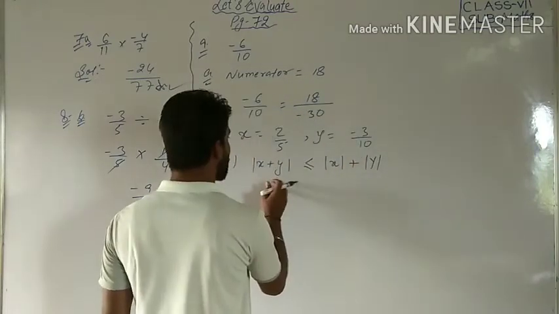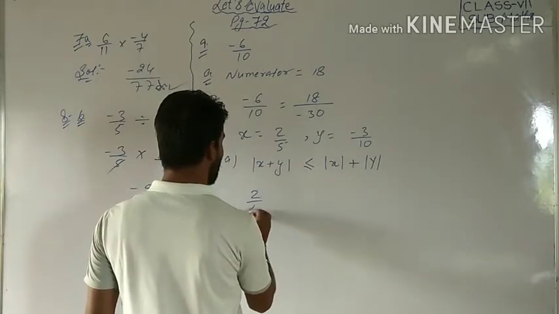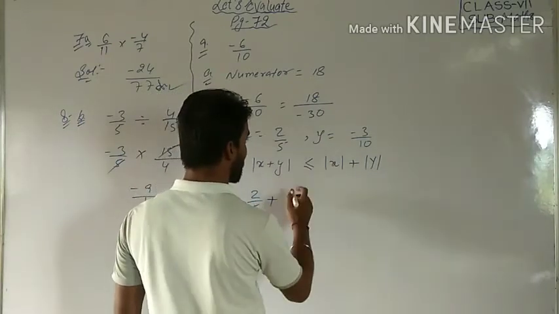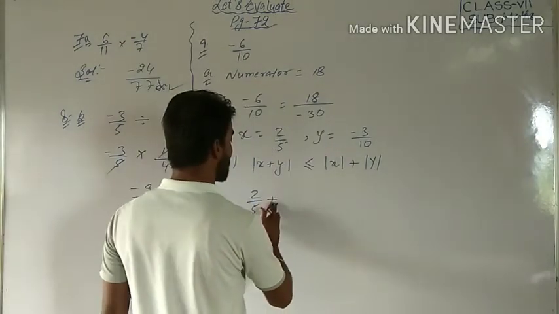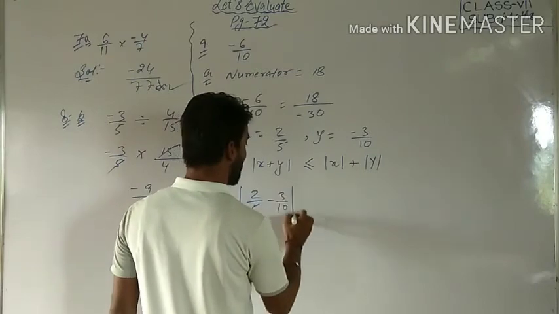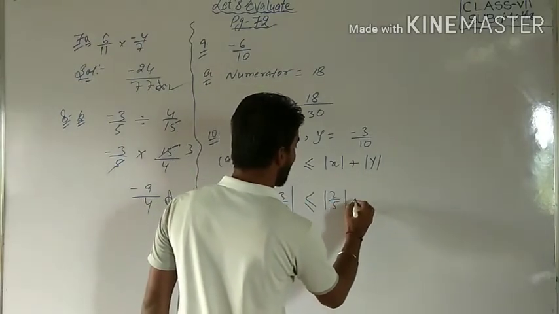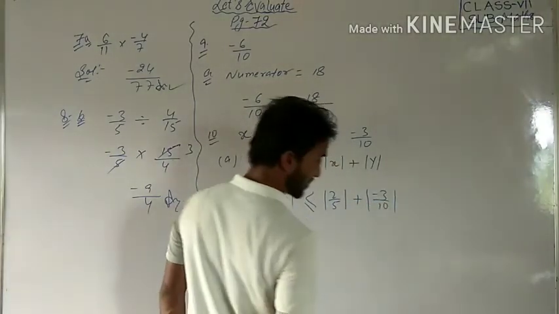We will do x plus y. Put the value of x and y: 2/5 plus minus 3/10. The minus 3/10 of this plus, it means it will be minus 3/10. Mod of 2/5 plus minus 3/10, minus 3/10. Students, be careful.